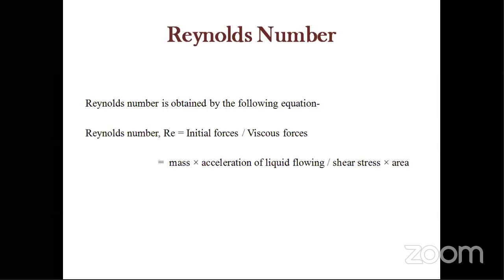Inertial force means mass into acceleration of the liquid, and for fluid that means acceleration due to gravity. And viscous force is the applying stress, applying force. It is called shear stress, into the amount of area it is applied on.